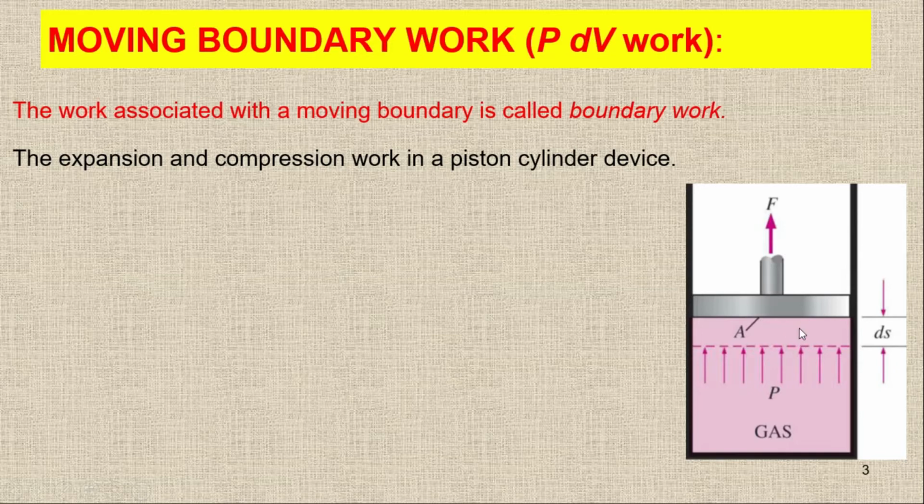So it is basically covering a distance of ds, while the area of the piston is A. So there is a change in the volume from here to here.